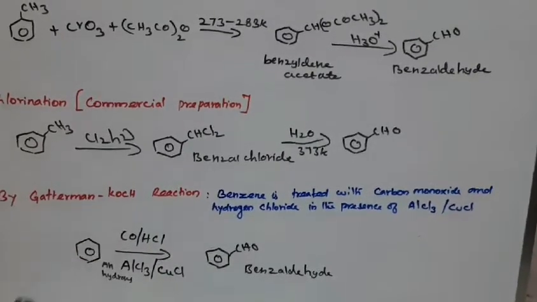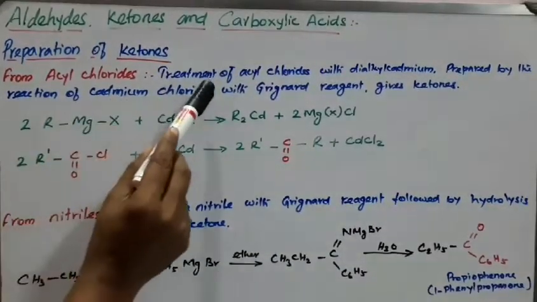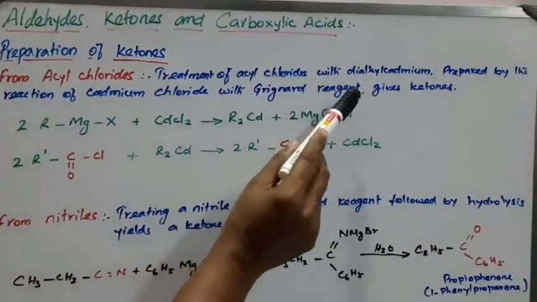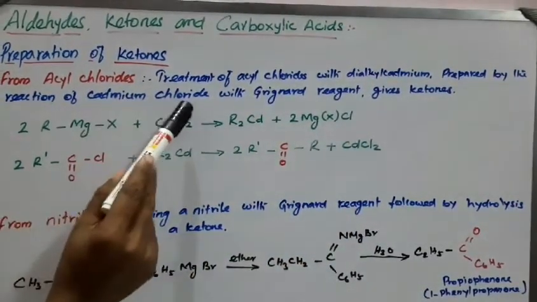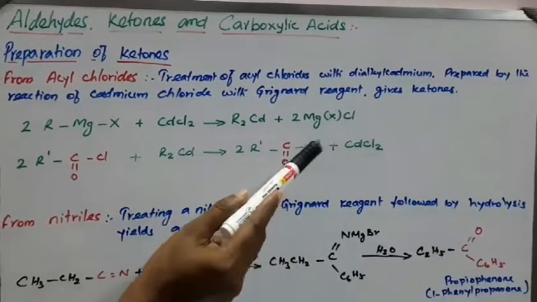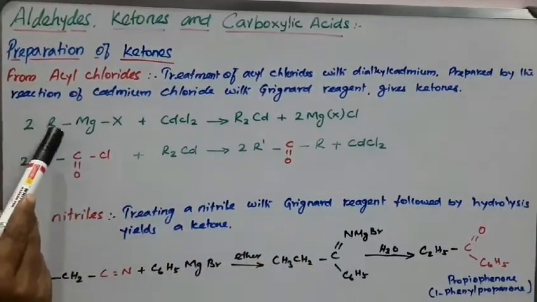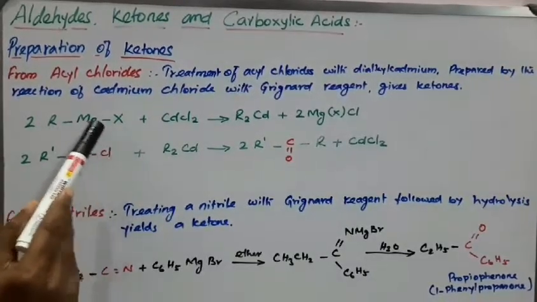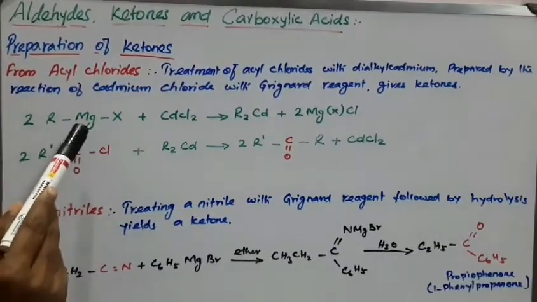Okay, preparation of ketones from acyl chlorides. Treatment of acyl chloride with dialkyl cadmium, prepared by the reaction of cadmium chloride with a Grignard reagent, gives a ketone. First, take any alkyl group, such as methyl magnesium chloride or methyl magnesium bromide. That is called a Grignard reagent.